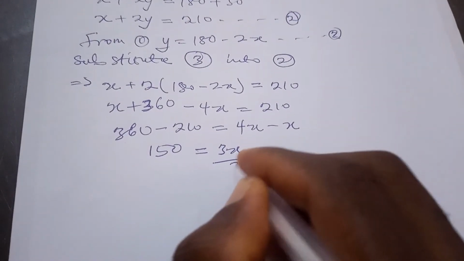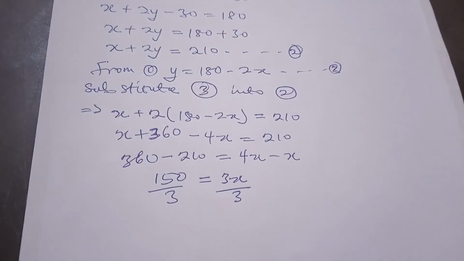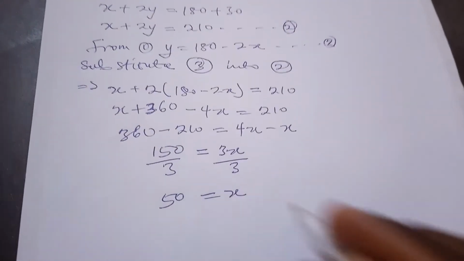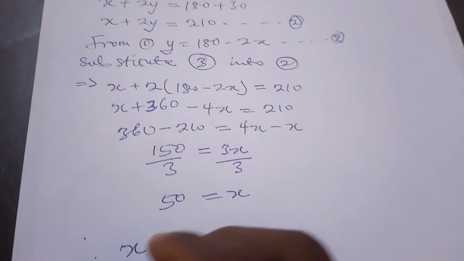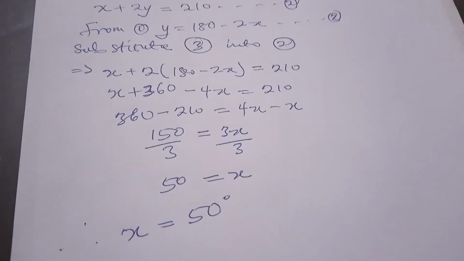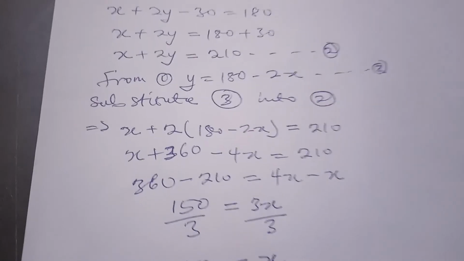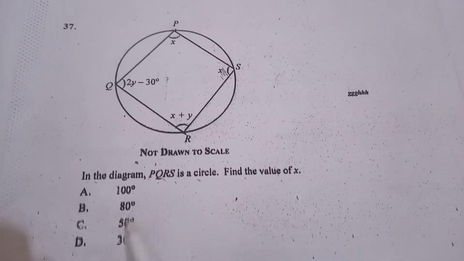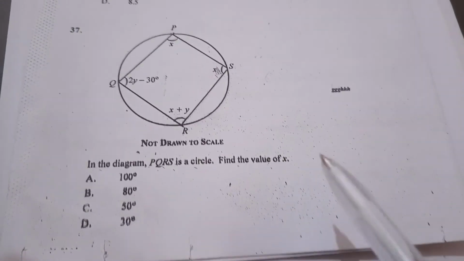So divided by 3, divided by 3. And 50 will be equal to x. We conclude that therefore x equals 50 degrees. And checking from the objective question, that will be option C. That will be option C, 50 degrees. That is the correct answer.